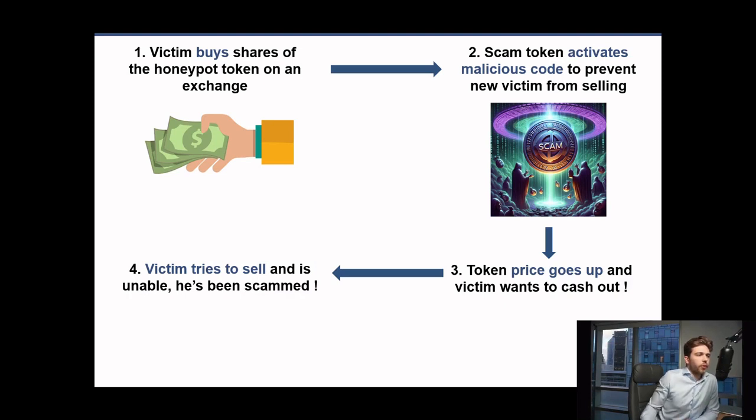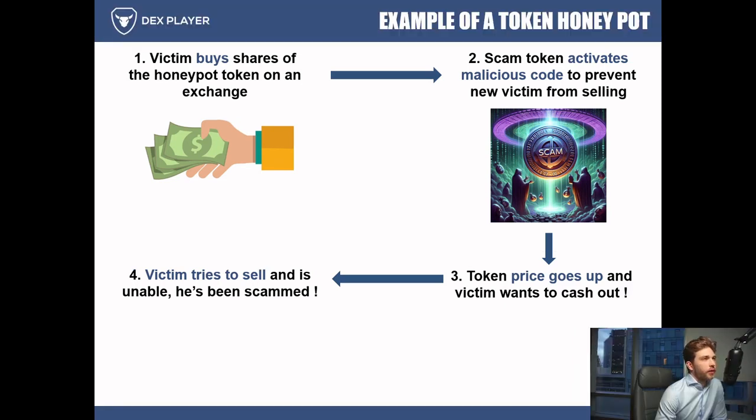And so the victim will want to cash out. But when he tries to sell the token that he just bought, he's not going to be able to. He's going to get some kind of error on the exchange, and he's just not going to be able to sell it. And this is a typical example of how a honeypot operates.